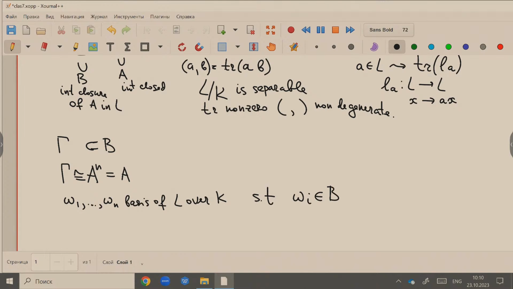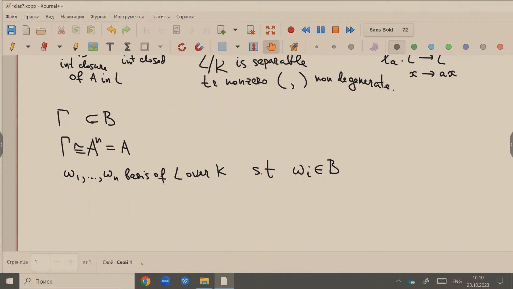And this allowed us to do the following. Via this trace formula, on the set of these things, which are called lattices: they are finitely generated A-modules.